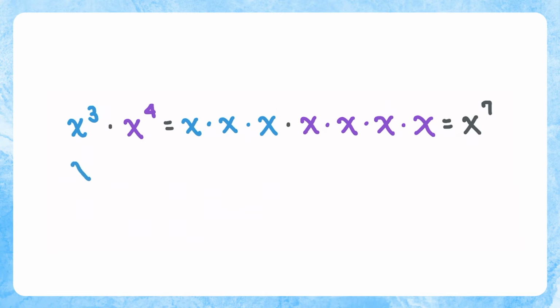So what we notice here is that x to the power of 3 times x to the power of 4 is actually the same thing as x to the power of 3 plus 4, which then equals x to the power of 7. This is just a quick review of an exponent rule that you've probably seen before.